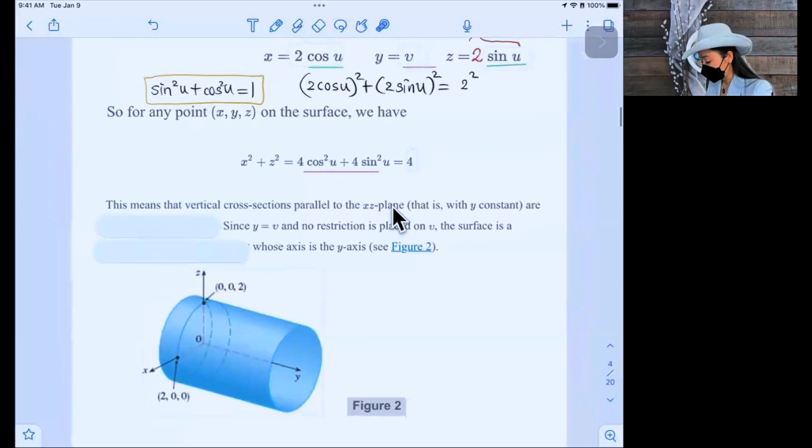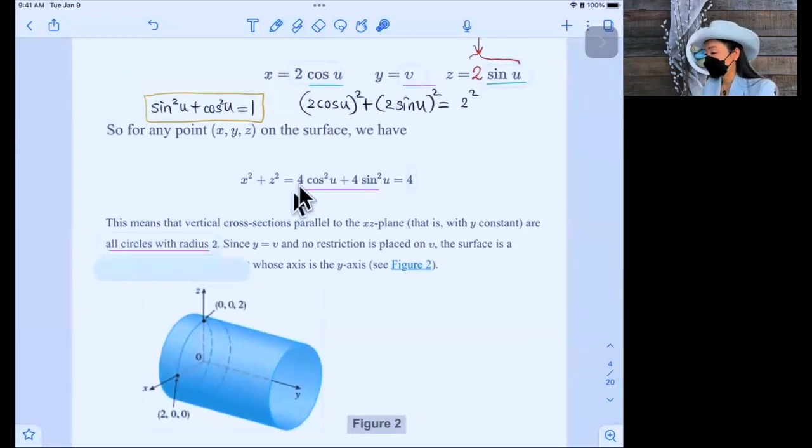Now, what about the whole surface? So it should be a circle with radius 2, when you keep the y constant. And then after that, you're going to let the y vary, right? So the y here can change.